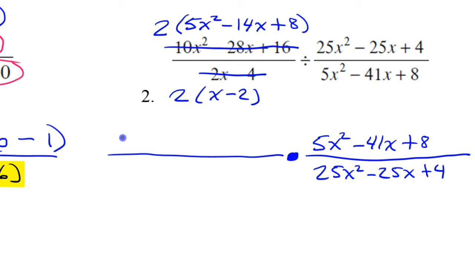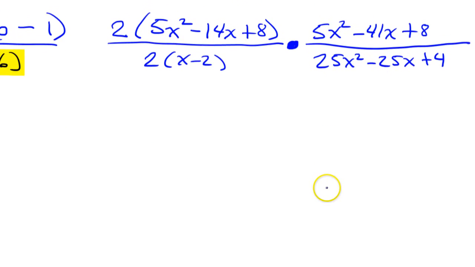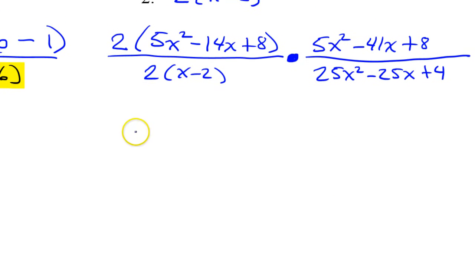Now this fraction is going to stay in the same order it was in before: 2 times 5x squared minus 14x plus 8, I'm just bringing that down, and then 2 over x minus 2. So now I'm going to go through this, factor everything I can, and see what happens.